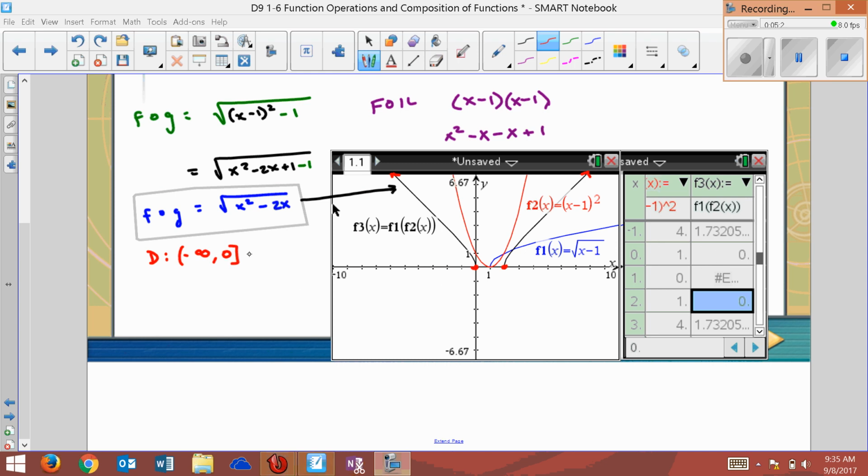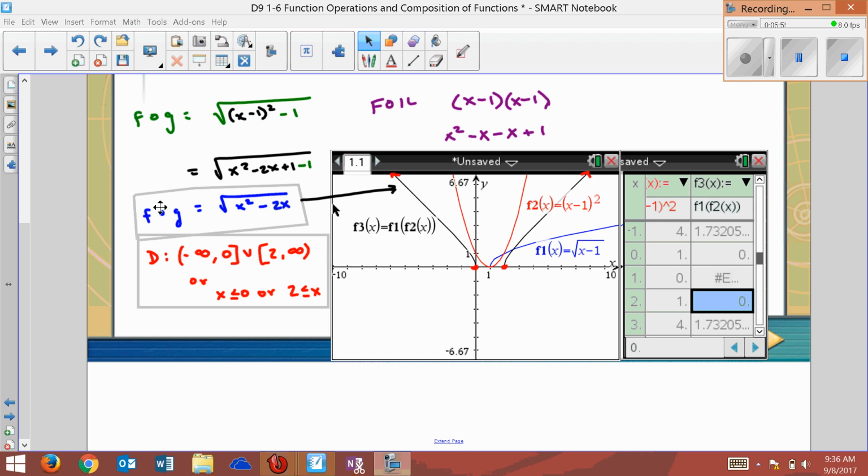And then I would also go from 2 to positive infinity. And you could rewrite it as saying x is less than or equal to 0, or 2 is less than or equal to x. And that's how you'd write the domain.